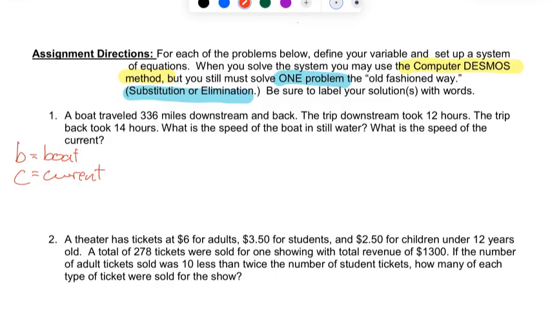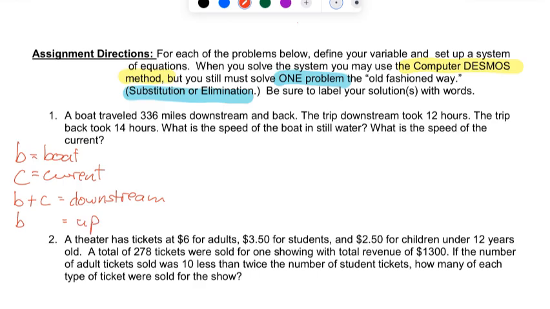So you have to keep in mind that the boat is going downstream. The current is pushing the boat. So we're going to have to add B plus C. That's your overall speed downstream, but what about our speed upstream? What about when you're going against the current?